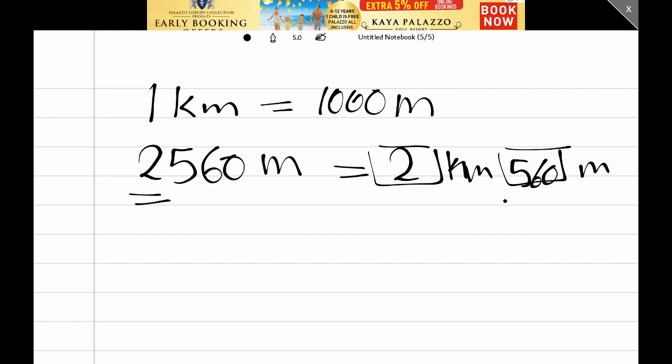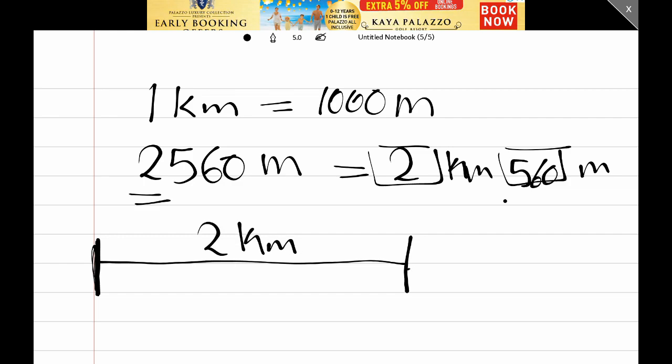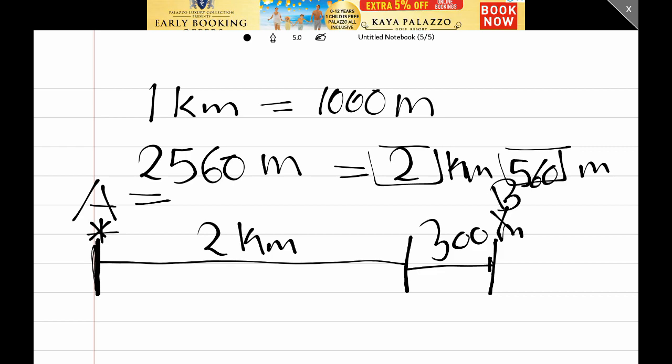Okay, now if we have a distance from this point to this point, this distance was 2 kilometers, and a distance from here to here was 300 meters. What is the distance between those 2 points, A and B?